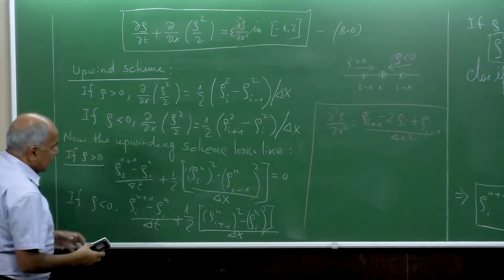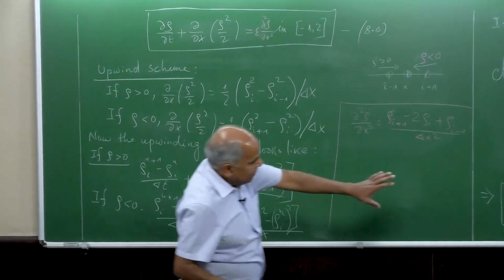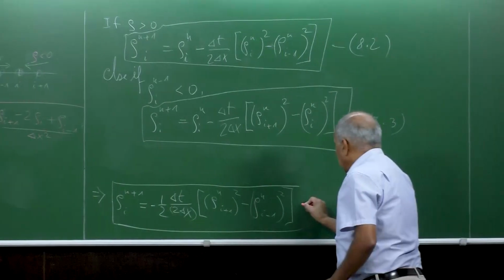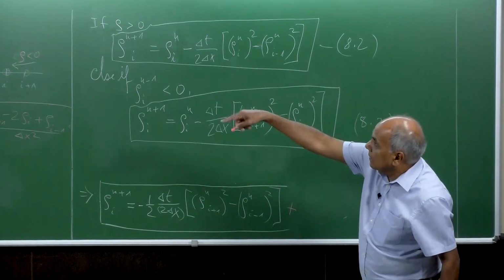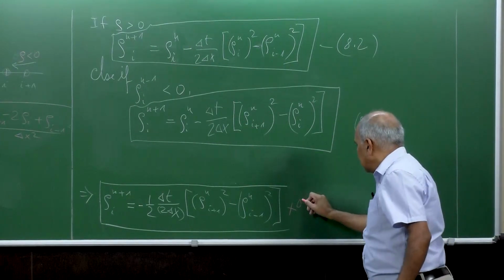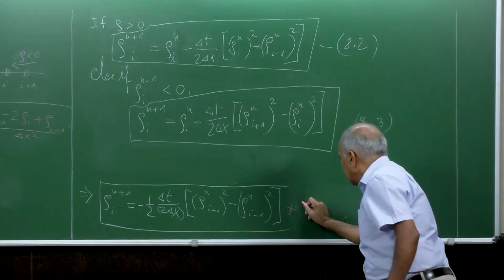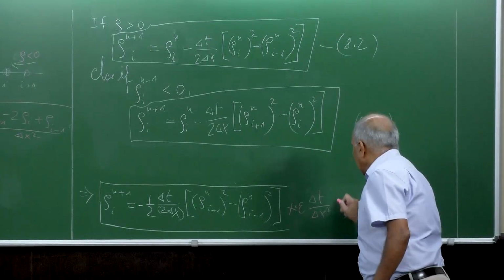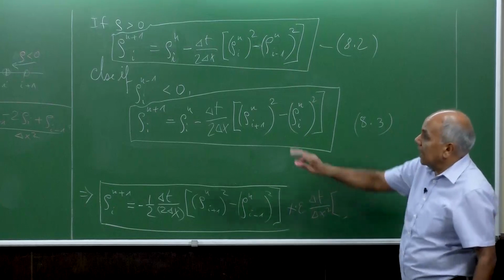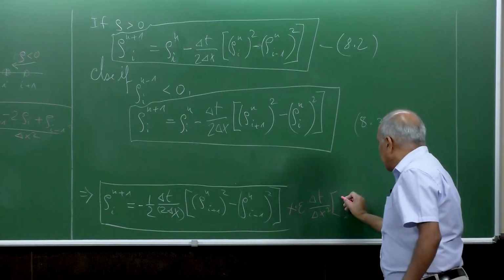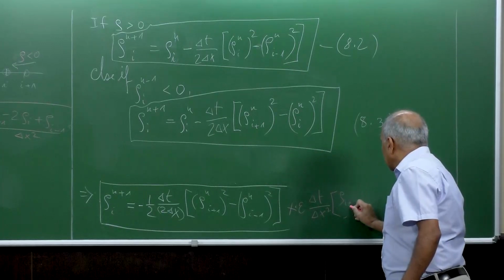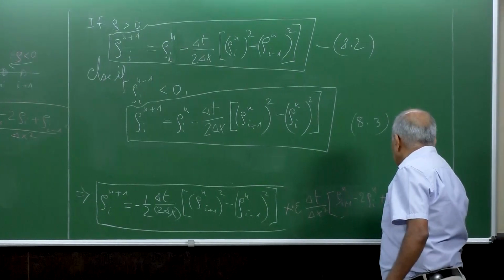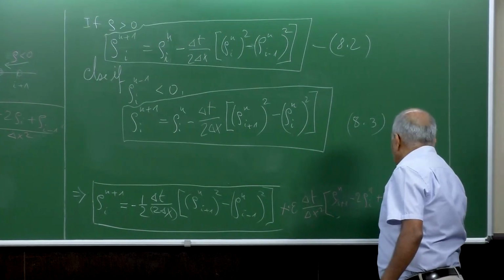In that case, with the naive scheme, we add that term on the right hand side: plus epsilon times delta t divided by delta x square, times exactly that viscous second order derivative term, rho of I plus 1 n minus 2 rho of I n plus rho of I minus 1 n.